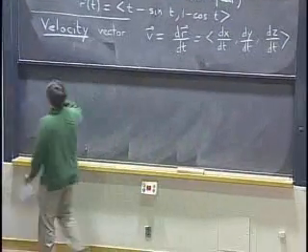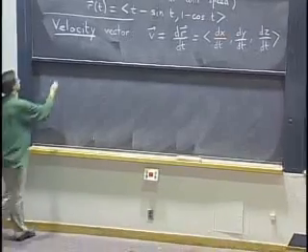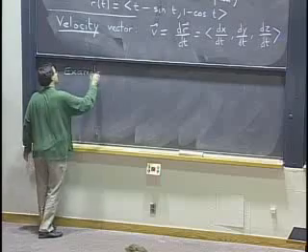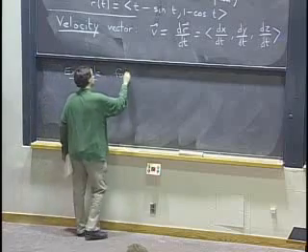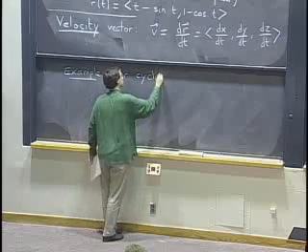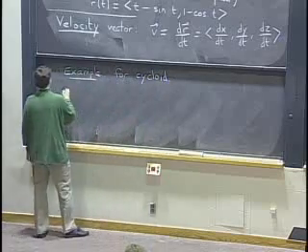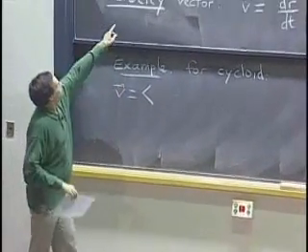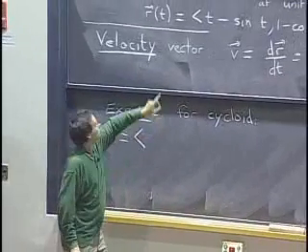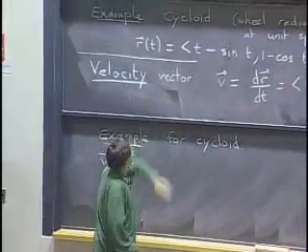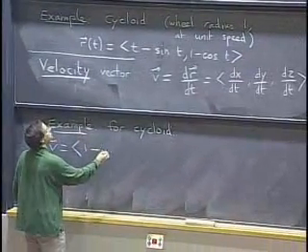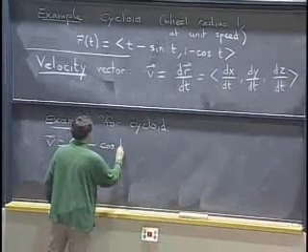Okay, so let's see what it is for the cycloid. So in the example of a cycloid, what do we get when we take the derivative of this formula up there? Well, the derivative of t is 1, and the derivative of sine t is cosine t, so the first component is 1 minus cosine t.